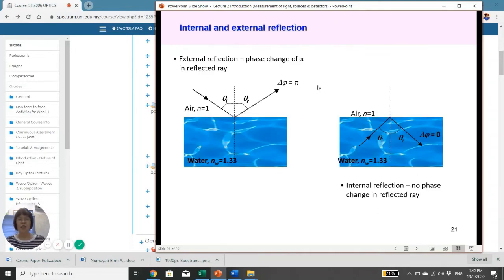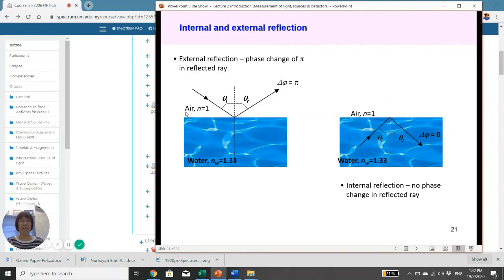Now next we talk about internal and external reflection. When we talk about external reflection, it means that our ray is incident from a medium which is less dense and hits an interface, and the other side of the interface is a medium which is denser.